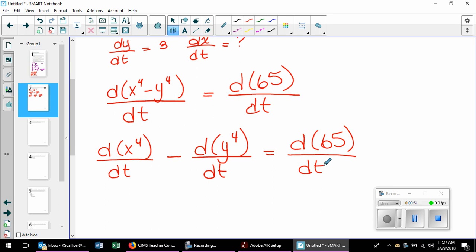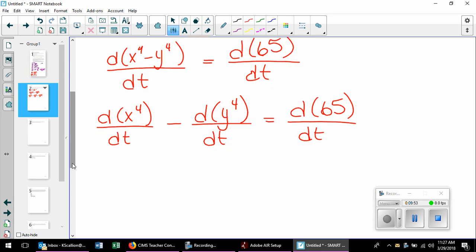Okay, so let's differentiate x to the exponent 4. You can do that in your sleep. That gives x cubed, but because it's involved with time, we have to multiply that by dx over dt. Okay, so this is going to be 3y squared times by what? Y prime.